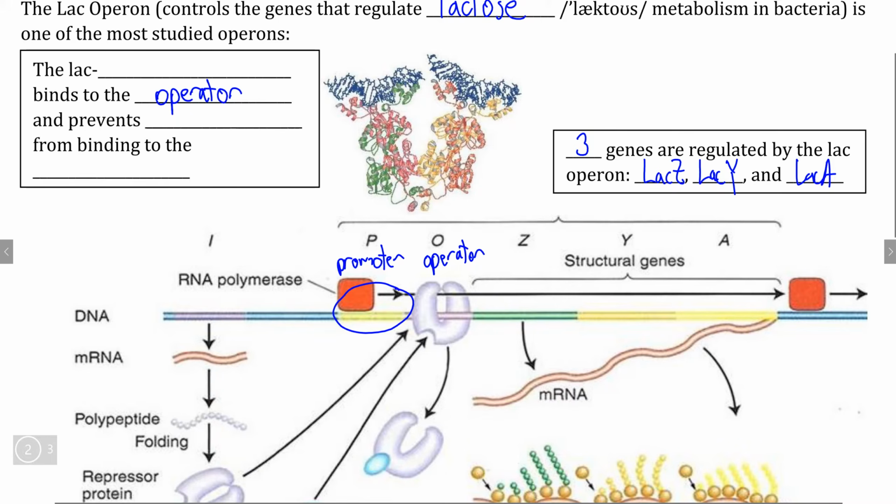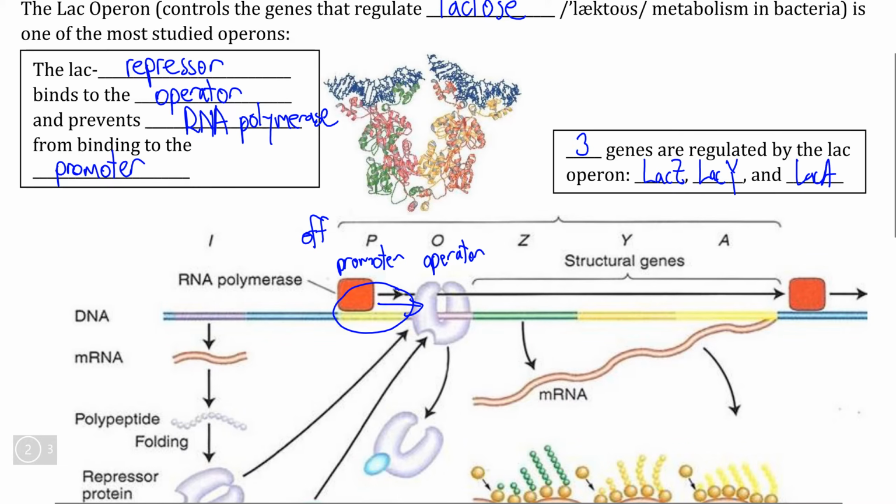And in the case of the Lac Operon, the transcription factor that we're going to look at is indeed a repressor protein, and here we can see that this operon is in the off position because the repressor protein has bound to the operator, which means that it is impossible for RNA polymerase to either attach itself to the promoter or to progress past the operator towards the genes, and therefore transcription is not able to begin at all.